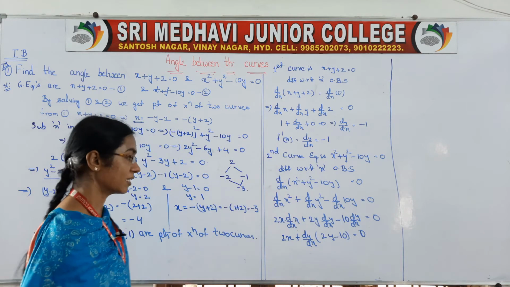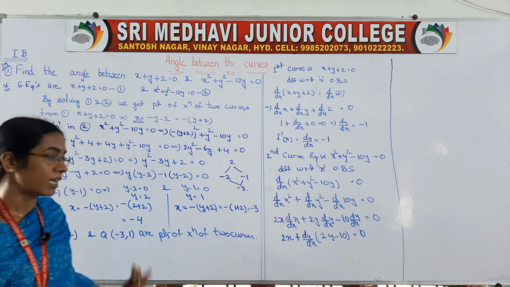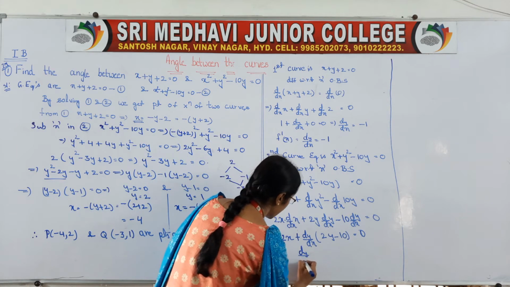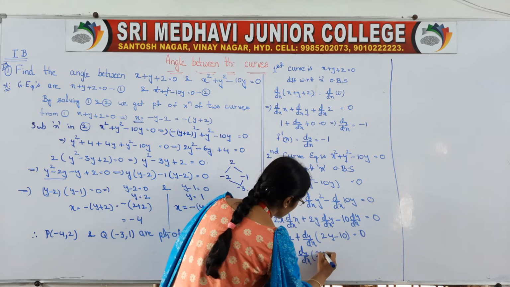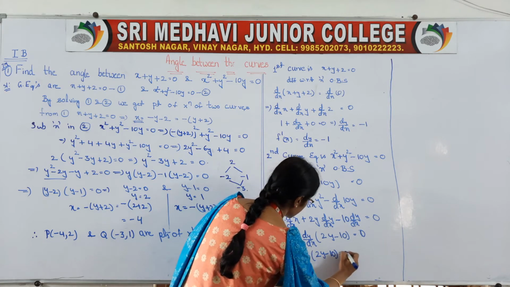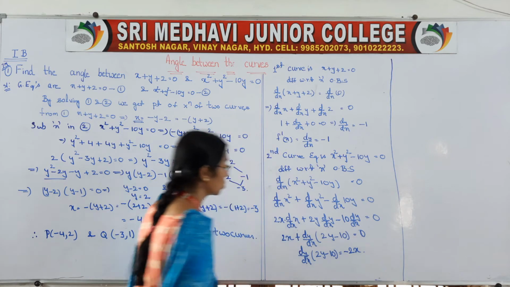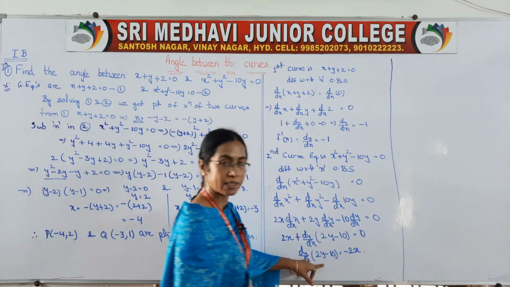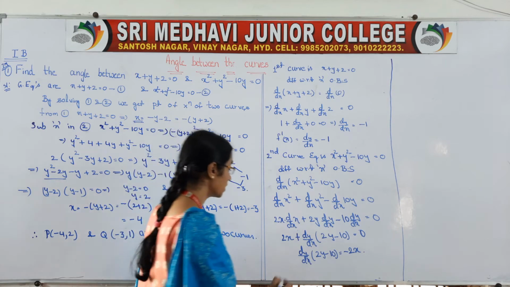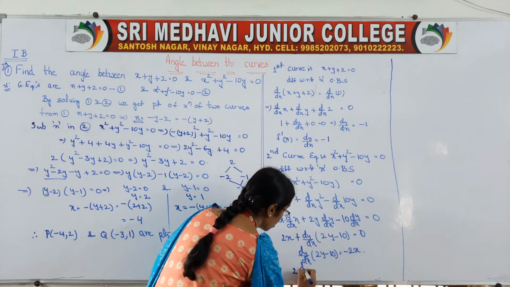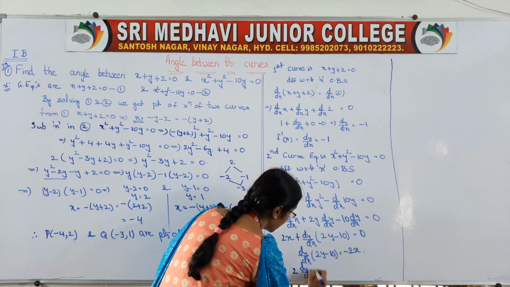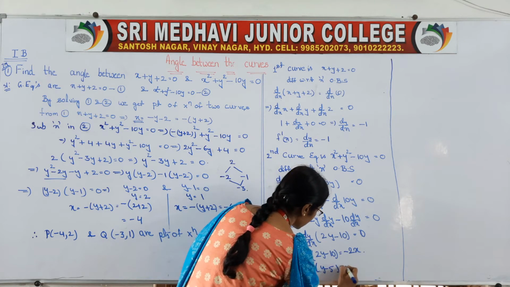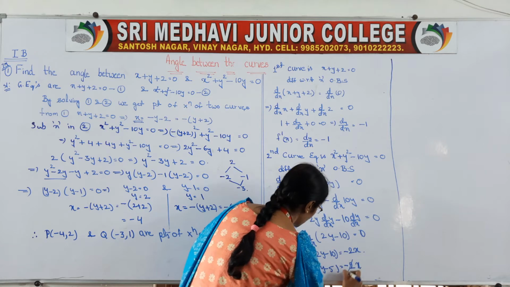Send this 2x to that side. Finally, we want dy by dx. So dy by dx into 2y minus 10 is equal to minus 2x. Okay, and from this we can take 2 common, isn't it? 2 is there on both sides, so we can cancel. So 2 into dy by dx into y minus 5 is equal to minus 2x.